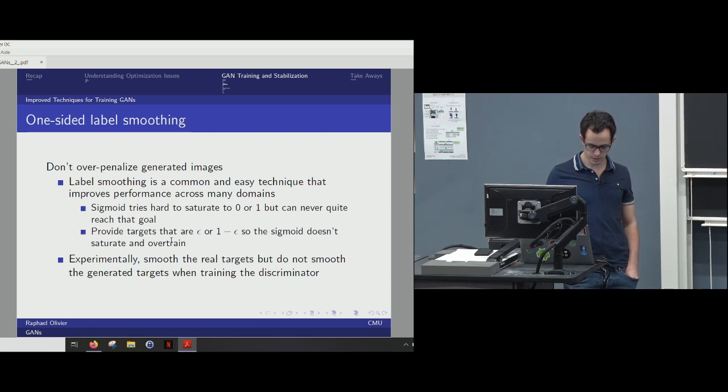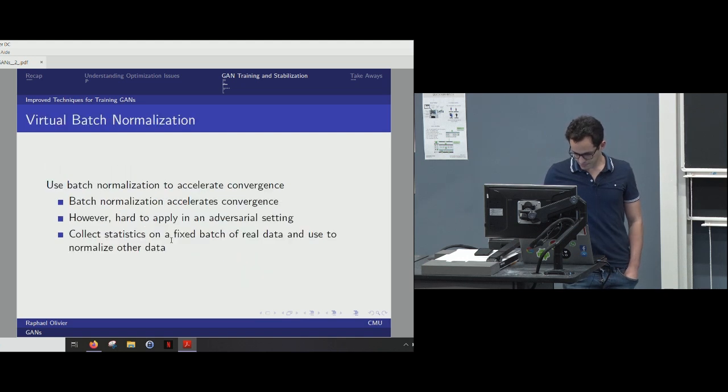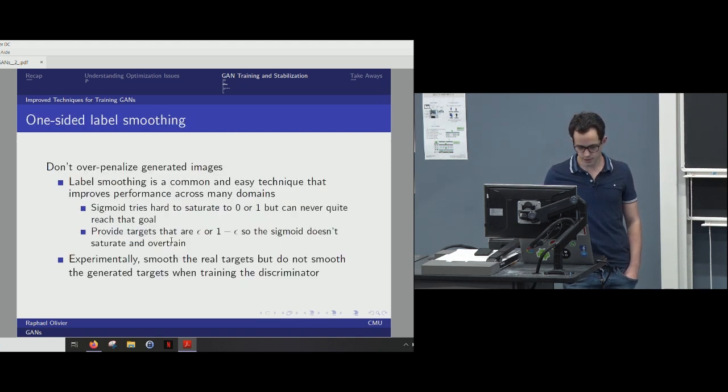And it seems that it works, but only if you do a fake version of that, where you only smooth the real target, so the one label becomes 1 minus epsilon, but the 0 for the fake remains 0. Don't ask me why. So that's what they call one-sided label smoothing.